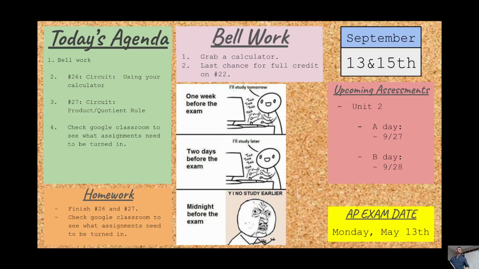But I'm also asking for an assignment from, I think, 2 classes ago in Google Classroom. So make sure that you check that for homework to see what needs to be turned in. This is on the agenda page, so you don't have to write this down. On our class website, at the top right, has all of the agendas. You can click it and go back and check if you can't remember what the homework was or if there was homework.